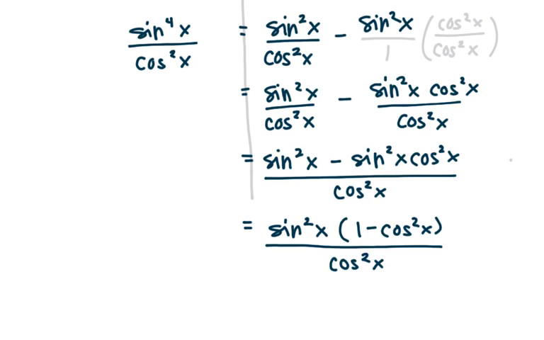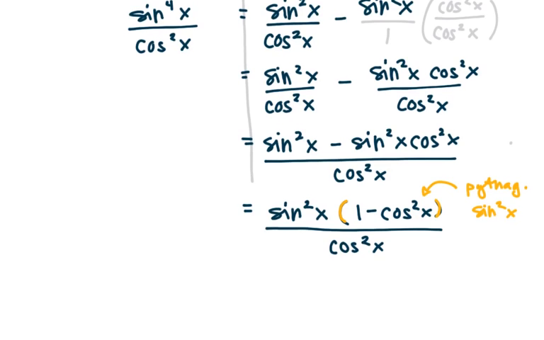And we're almost there. Think about what we know. Are there any identities that we can sub in? Hopefully you recognize that 1 minus cosine squared is a Pythagorean identity. That is equal to sine squared x.